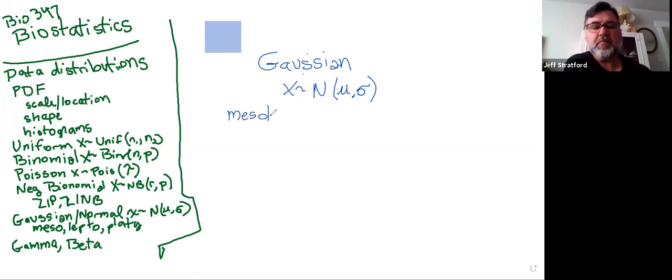This is true for any curve, but particularly Gaussian curves. There's three types: mesokurtic, leptokurtic, and platykurtic. Think of kurtic as meaning curve, or bow.